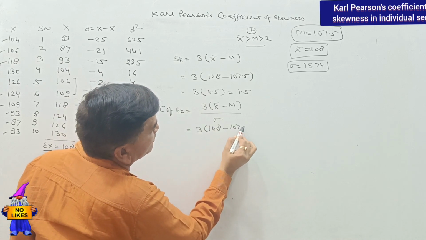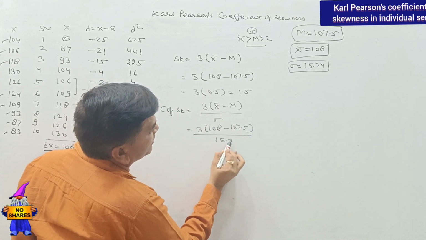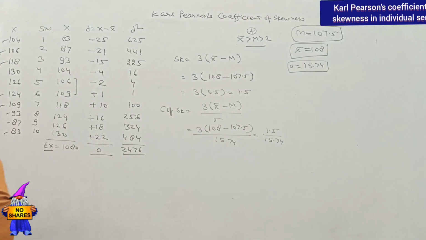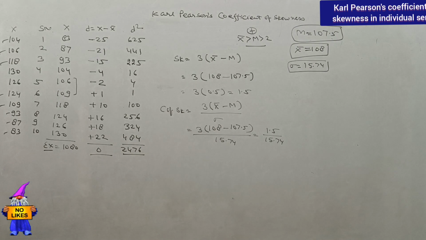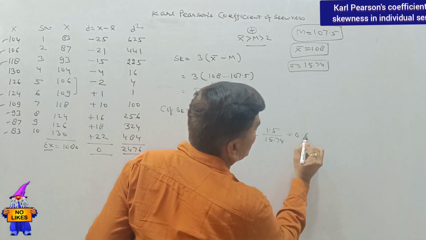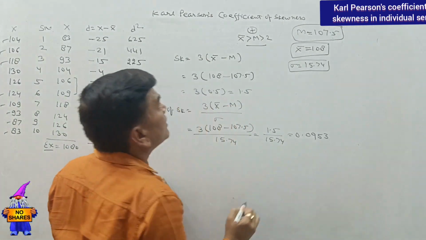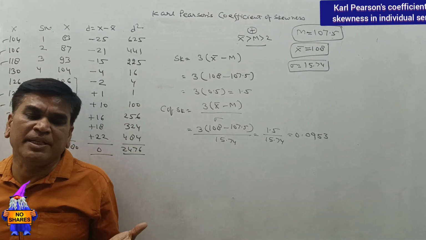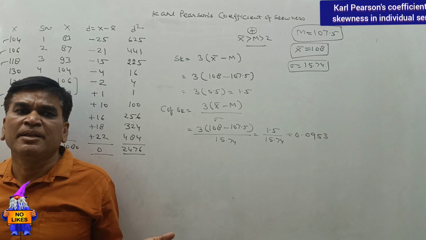So (108 minus 107.5) times 3, divided by 15.74, that is 1.5 divided by 15.74. So the value is 0.0953.